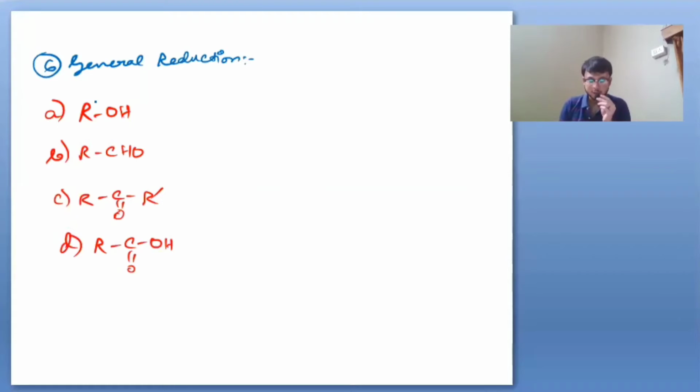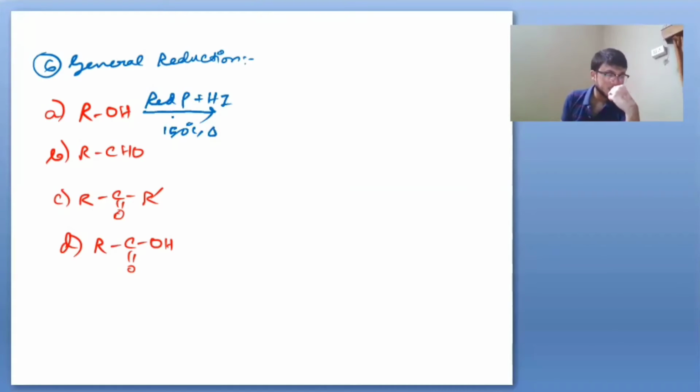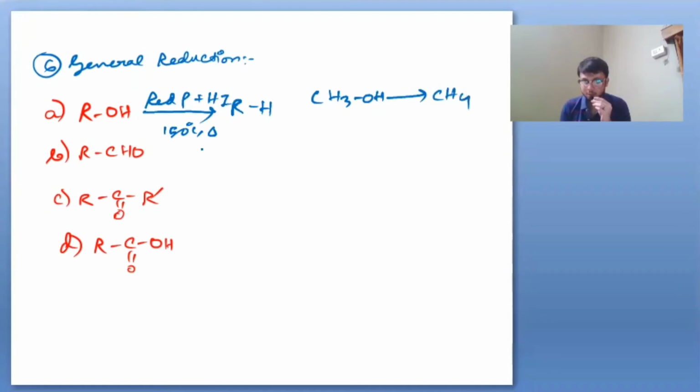Next is general reduction. Now, here in case of general reduction, what happens? We give red phosphorus plus HI and heat it at 150 degrees Celsius. Then what happens? It gives us RH. Okay. So that means if we take CH3OH, it will give us CH4.